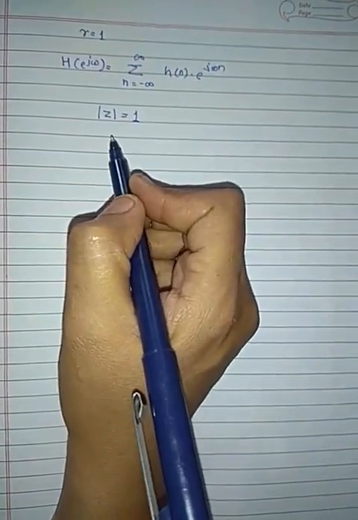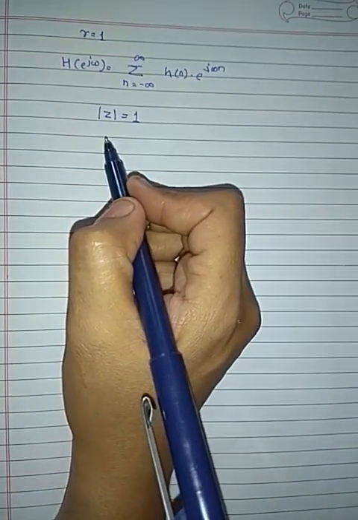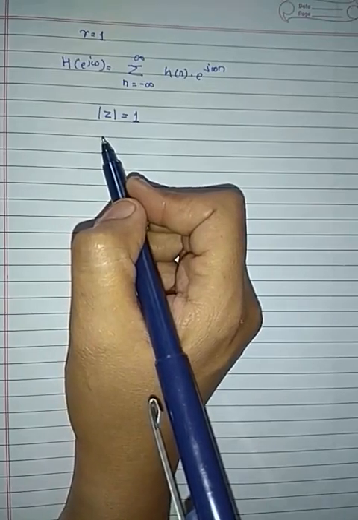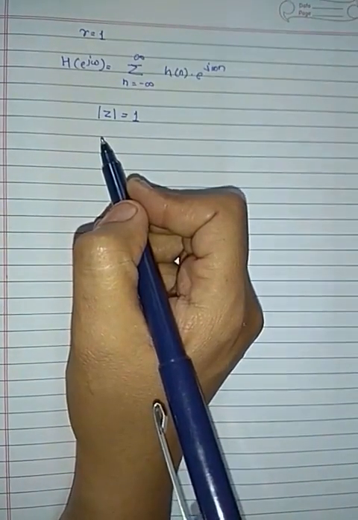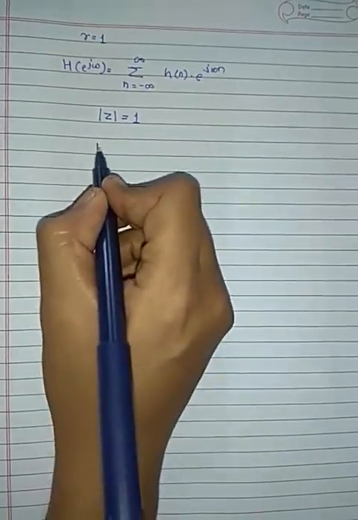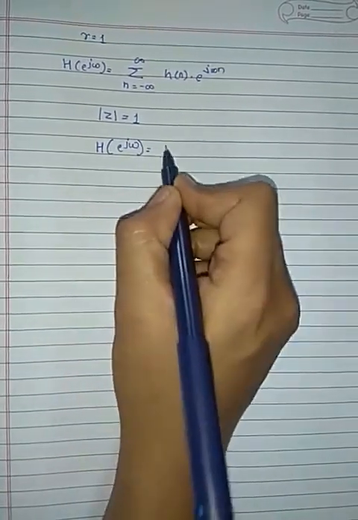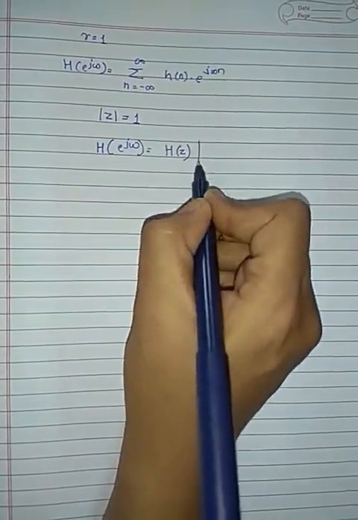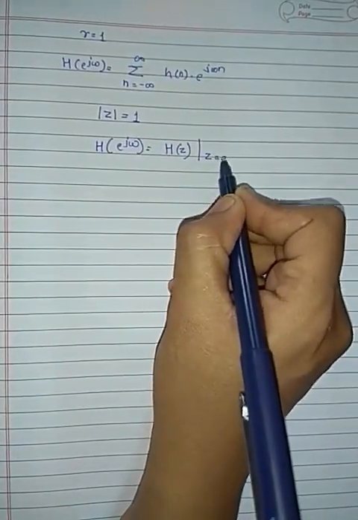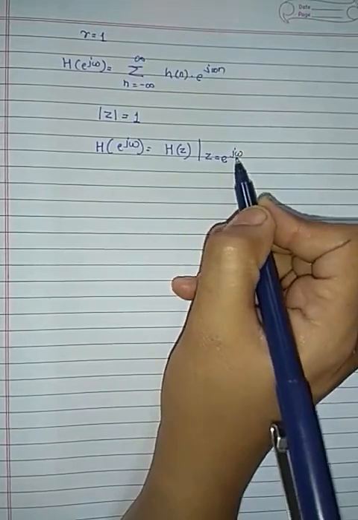So hence here H of e raised to j omega is equal to H of z evaluated along the unit circle. We can say that H of e raised to j omega is nothing but H of z over z equivalent to e raised to j omega.